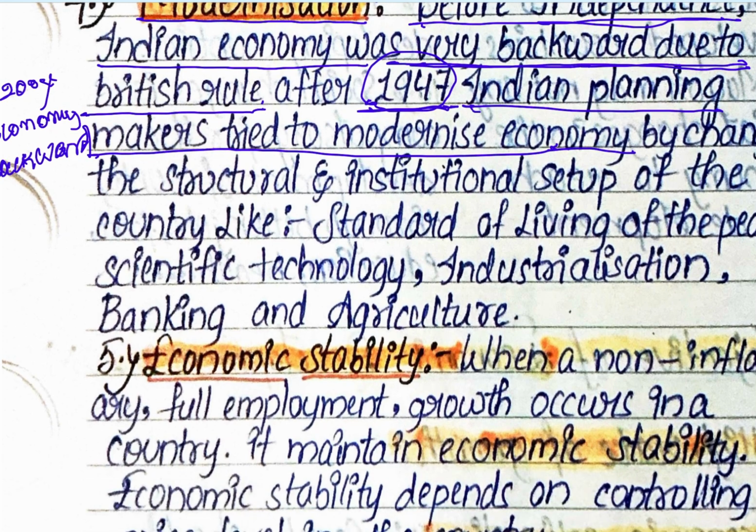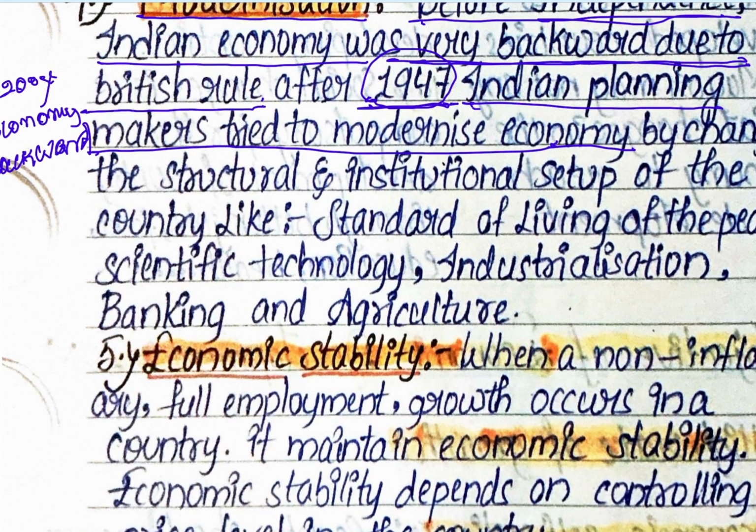The first five year plan started in our country in 1951. After 1951, the Indian government started the first five year plan.